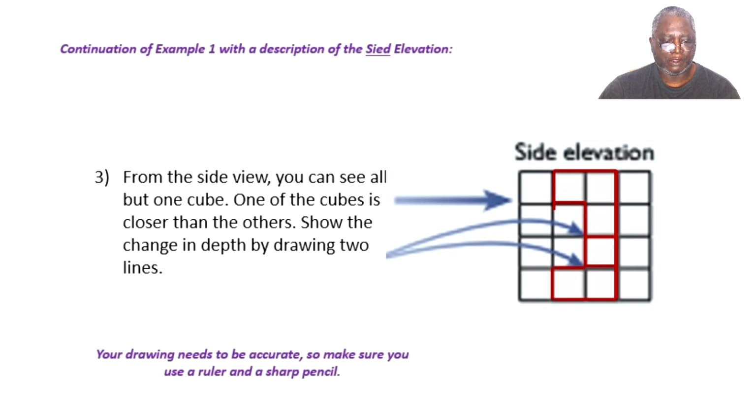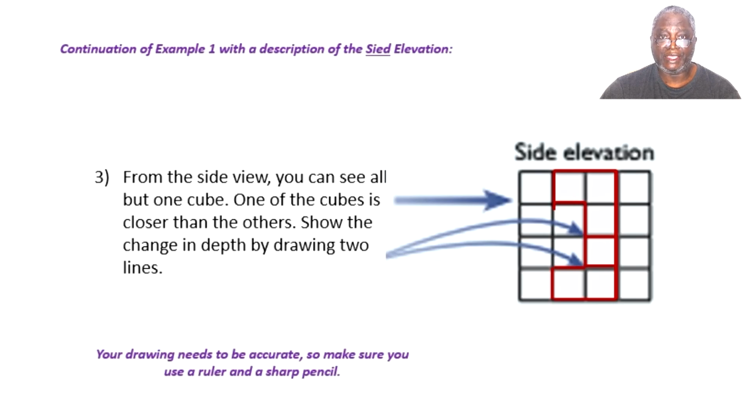And then thirdly, from the side view, you can see all but 1 cube. One of the cubes is closer than the others. Show the change in depth by drawing 2 lines, or again shading it. Your drawing needs to be accurate. To make sure, use a ruler and a sharp pencil.